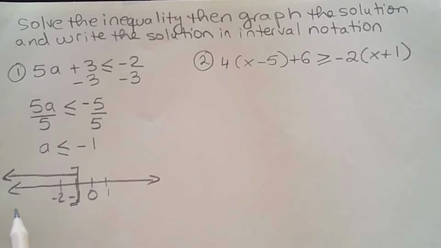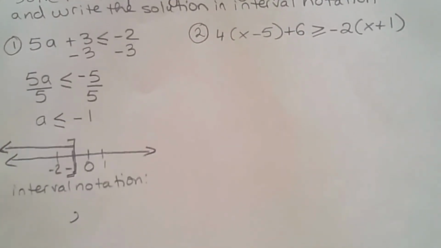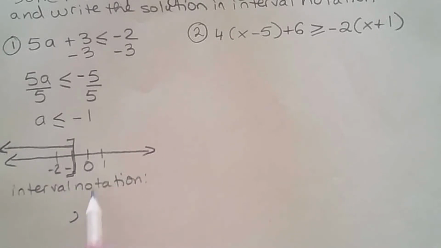Now writing the solution in interval notation, you'll notice that -1 is the largest value you can have. So it's going to be to the right of the comma in the interval notation. So it's -1 here to the right of the comma.